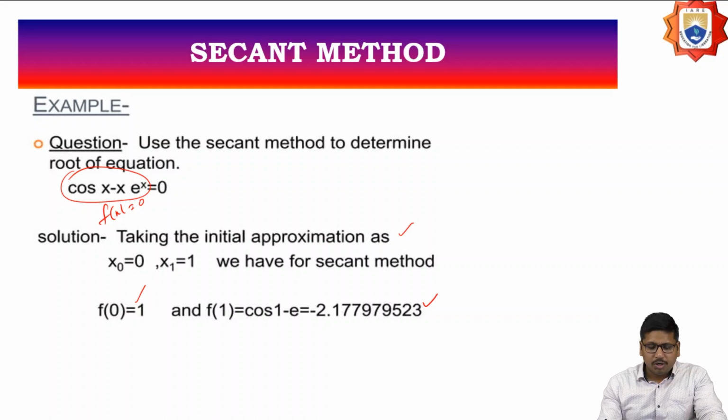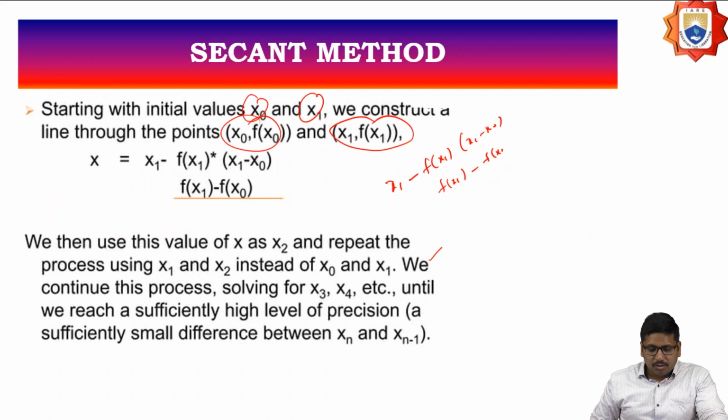In order to apply this, initially we have to know the f(x) value, that is cos x - x e^x = 0. For that I need to find x0 and x1. Previously I explained some of the equations like this. Here I write f(x1) - f(x0).